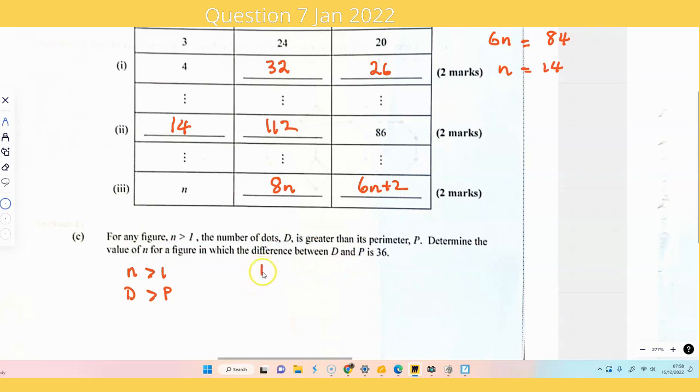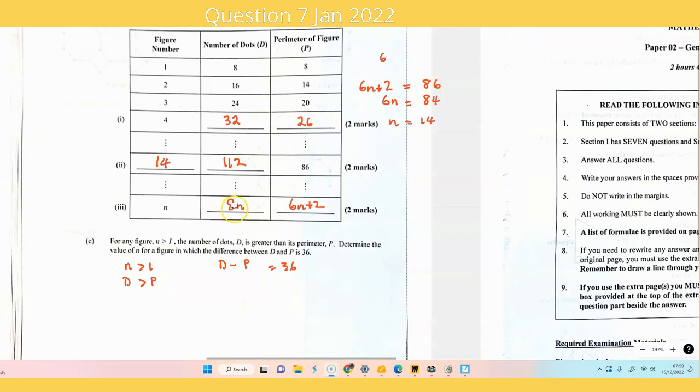So the difference between D and P equals 36. We already know that the nth term for D is 8n, and the nth term for the perimeter P is 6n plus 2.